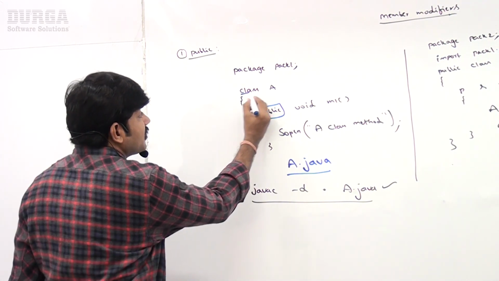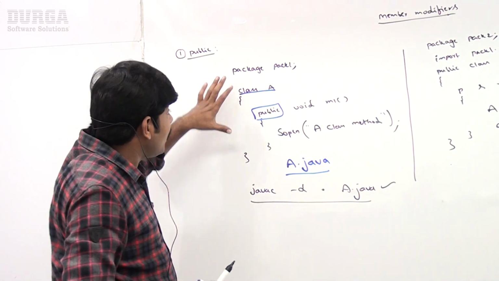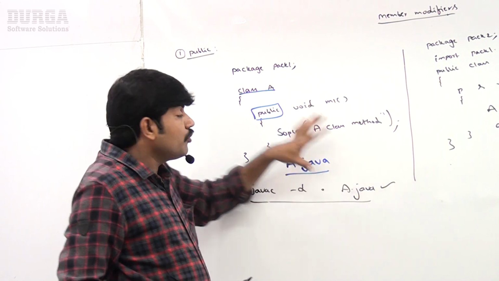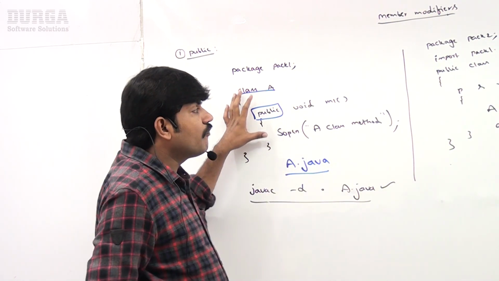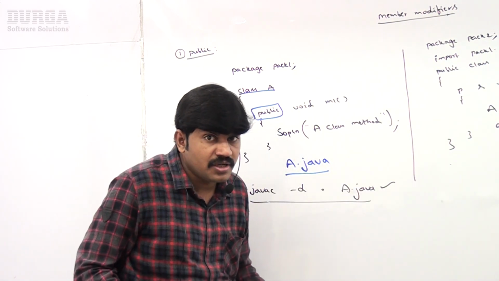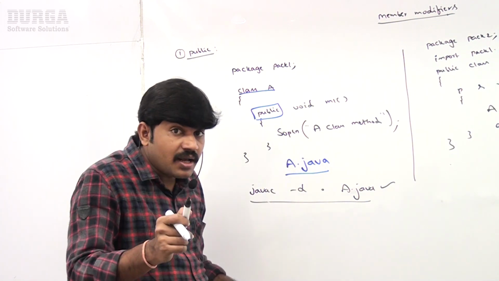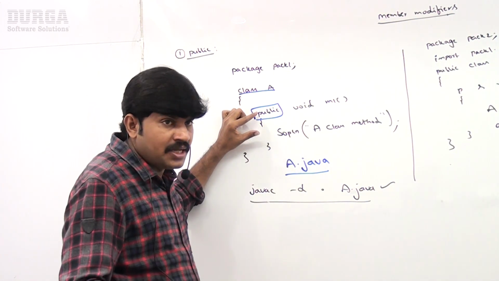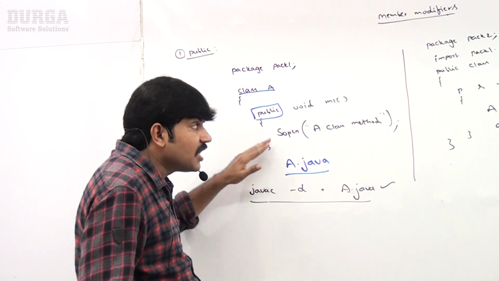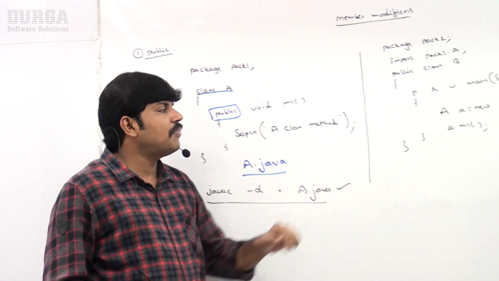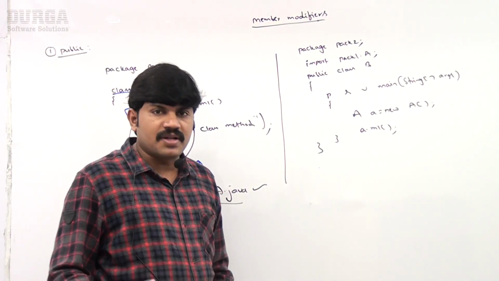If the class is not public, you can't access that member from outside the package. Even though the member is public, the class is not public, that's why you can't access it. Immediately the compiler will give an error.